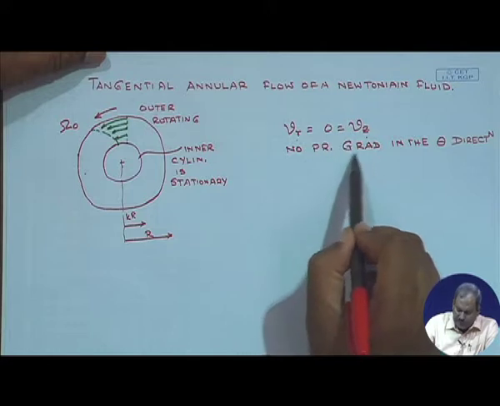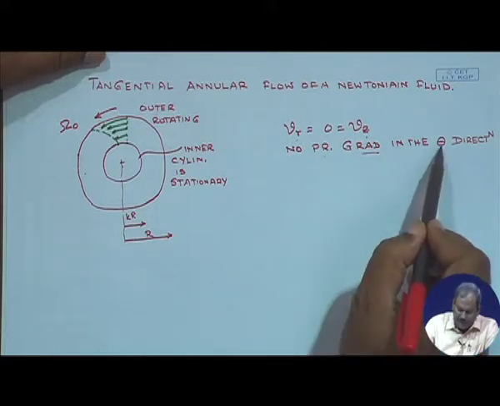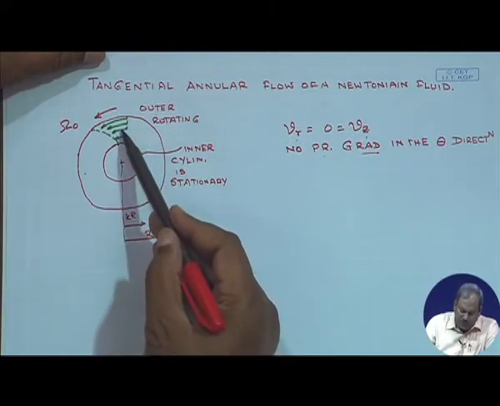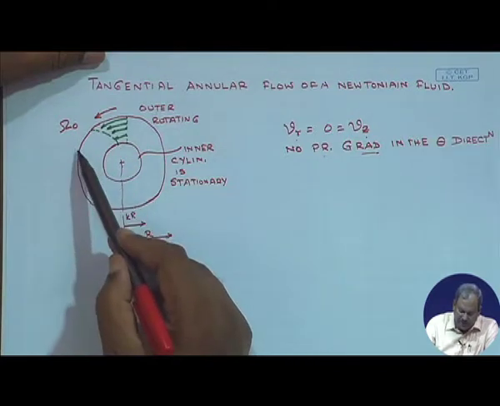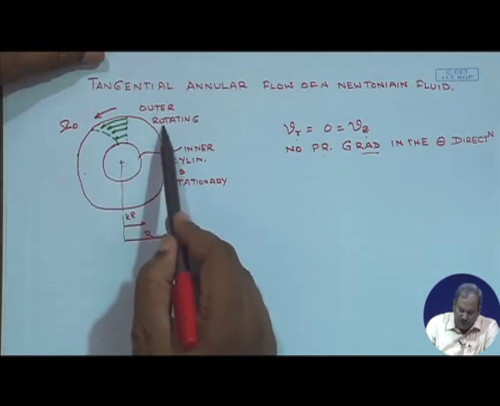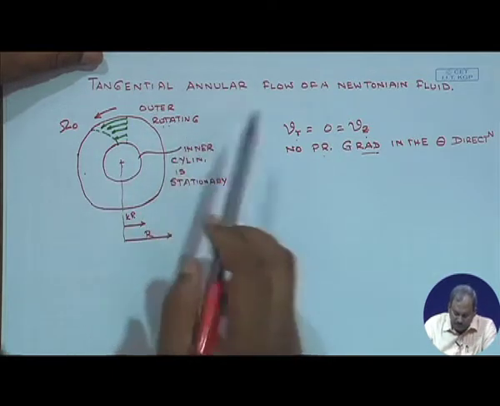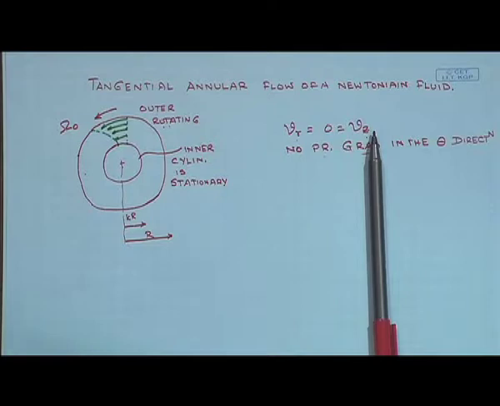So there is no pressure gradient and no body force in the theta direction. The only motion of the fluid in the theta direction is initiated by the motion of the outer cylinder, which is rotating. So in that sense it's like a Couette flow.